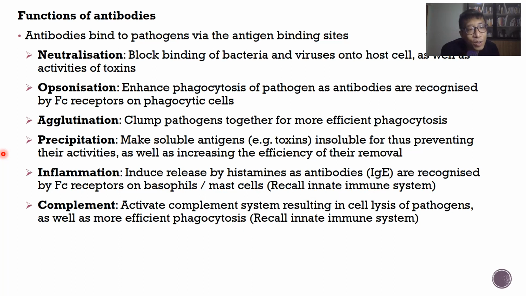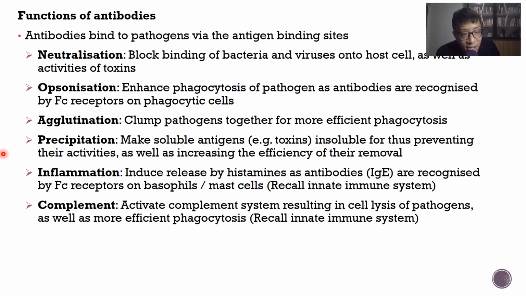So that brings the pathogens together for more efficient clearance. And for soluble antigens like toxins from bacteria, for example, the binding of antibodies to the soluble antigens can make them insoluble, and therefore make the antigen, or maybe toxin, lose its activity.